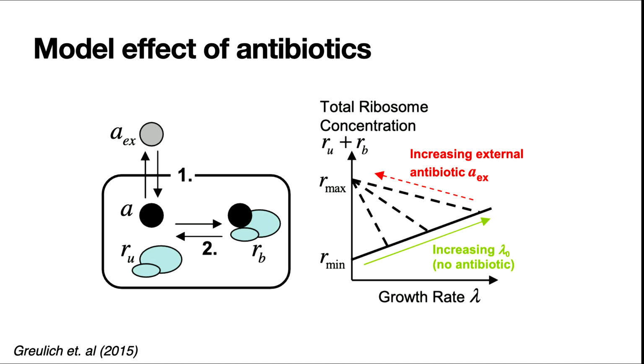But one question that was asked just at the beginning of this lecture was, what happens in presence of antibiotics? We have these two sectors, the ribosomal sector and the P sector. How does a cell regulate these two sectors in presence of antibiotics?